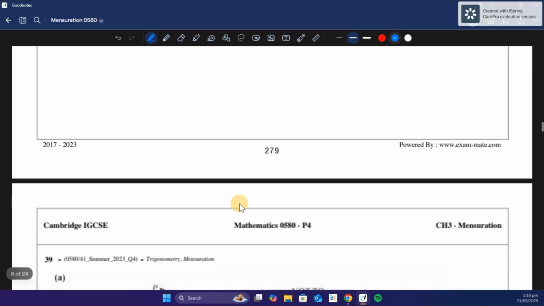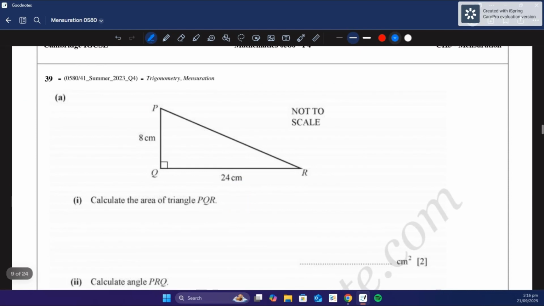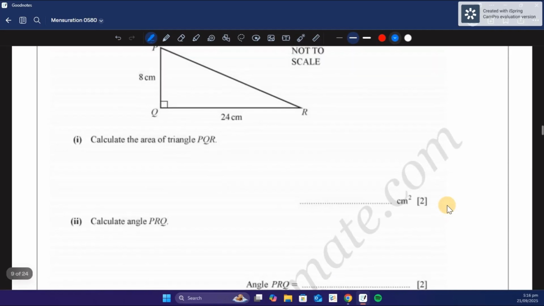All right, perfect. On to question number 39, part A. Okay, calculate the area of the triangle PQR. All right, pretty simple. It's a basic formula, 1 over 2 times 24 times 8. Okay, and that should give us 96.